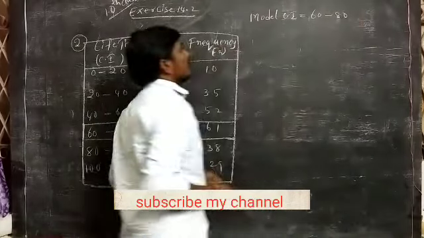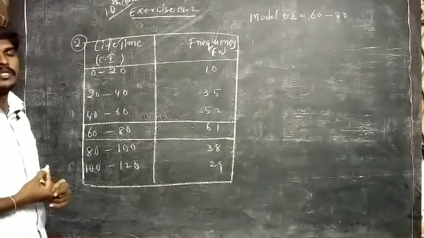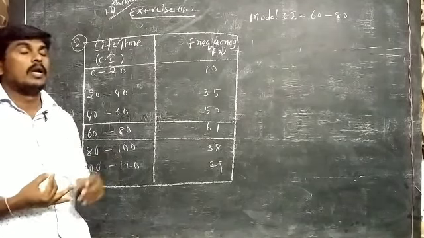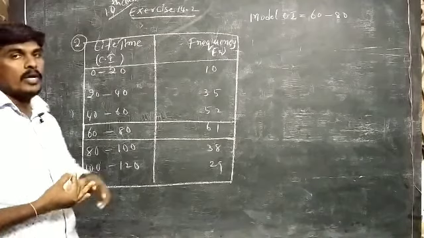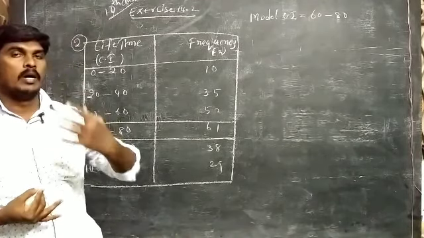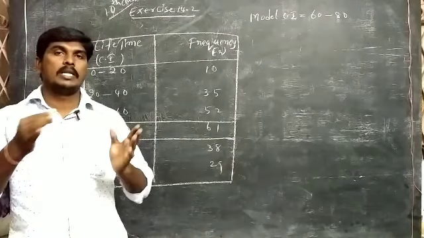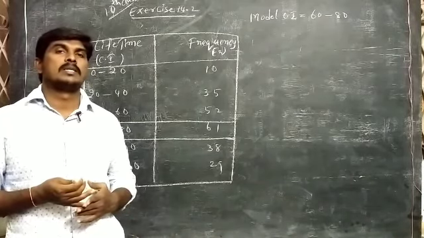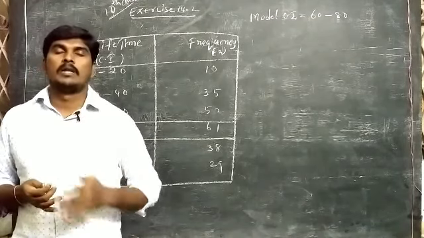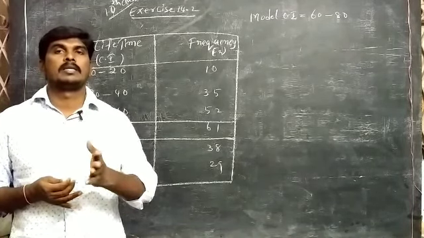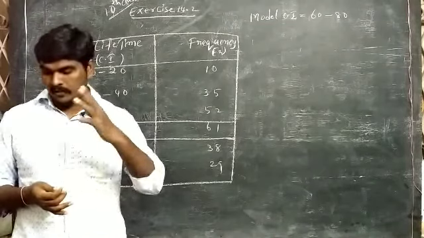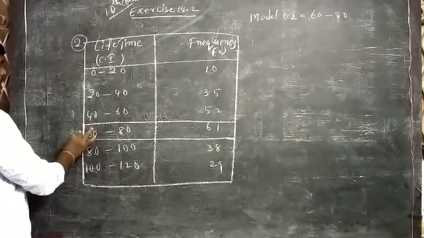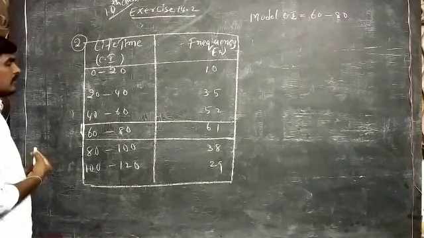After identification of the modal class interval, we have to identify all the values which are in the formula. We know the grouped data mode formula: L plus (f1 minus f0) by (2f1 minus f0 minus f2) into h. In that, all values should be identified. This is the lower boundary of the modal class interval.